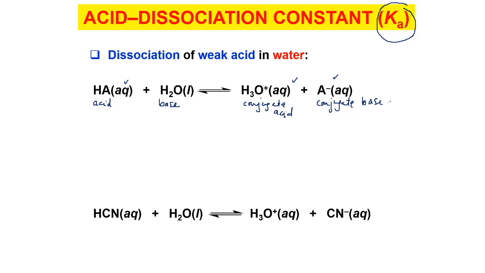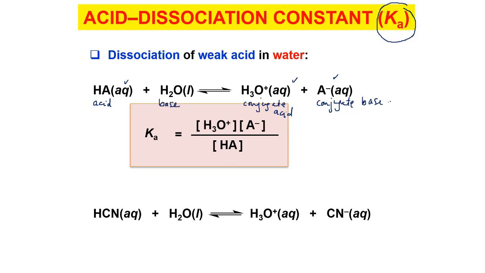So here Ka for the weak acid HA in this example equals the concentration of hydronium ion times the concentration of A- ion, divided by the initial concentration of weak acid HA. Concentration of products over concentration of reactants. But don't forget, we learned in chapter 6 that the concentration of water is considered constant, so we omit it. It is excluded in the Ka expression.